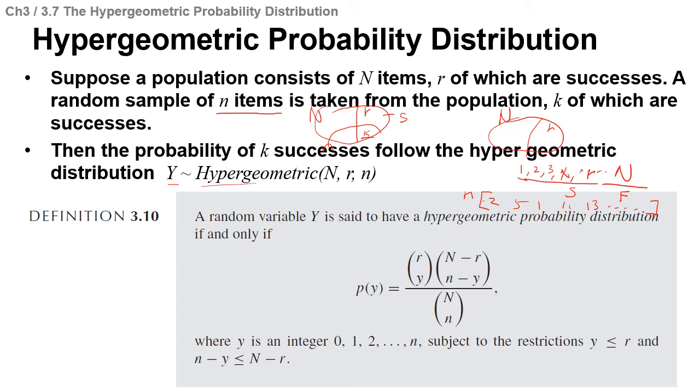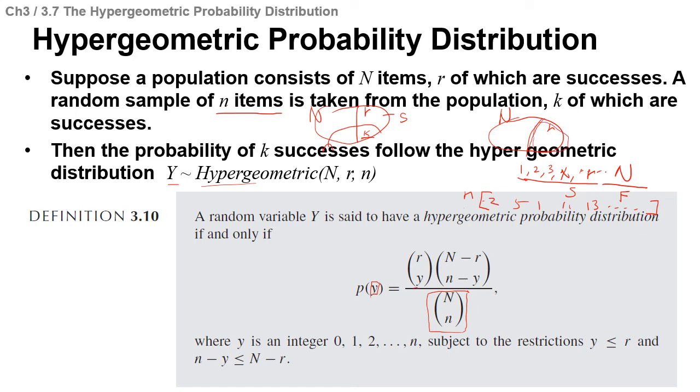So choosing n number, that is N choose n. The total number of events for a simple event is N choose n. To have y number of successes, it is r choose y, since the total number of success is r.